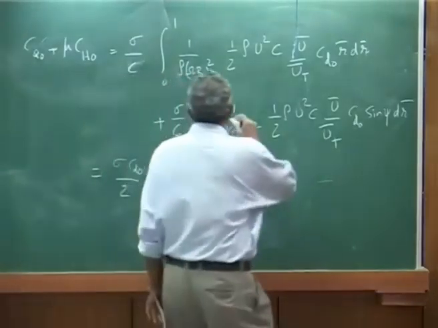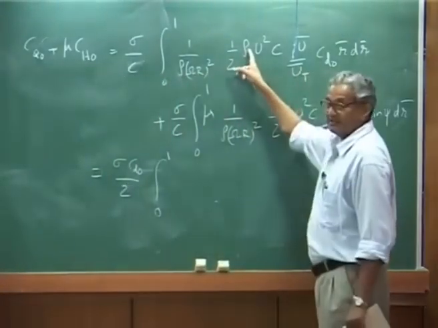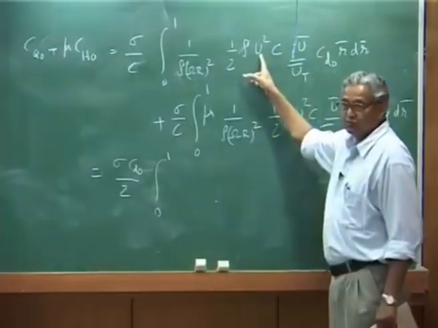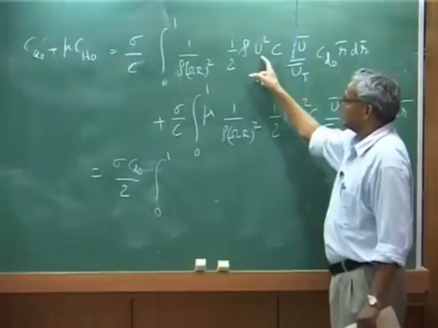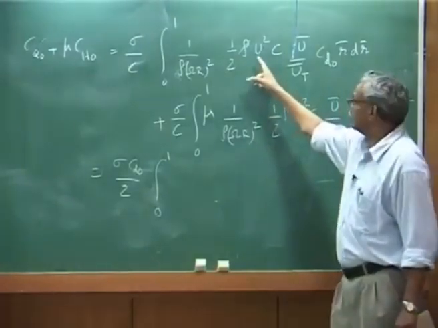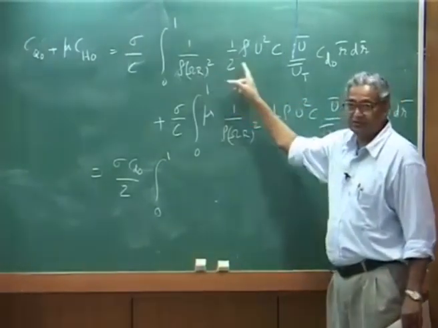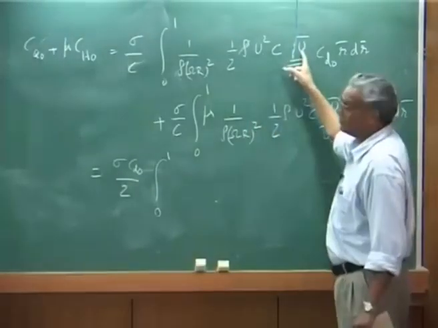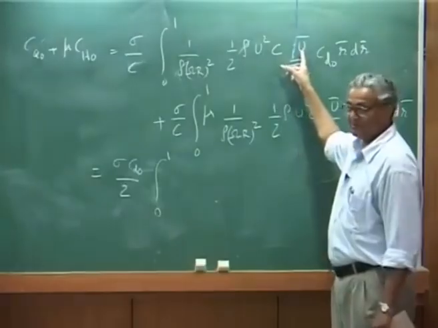You know that rho and rho will cancel, this is U bar, this is U bar, because U square over omega r square is U bar square. So, this will become U bar cube, okay.